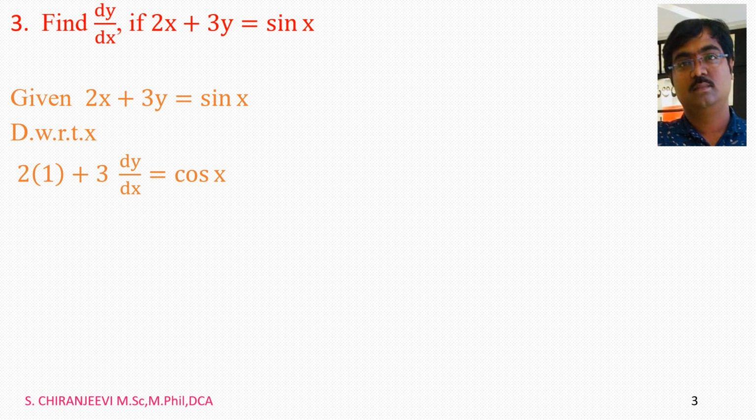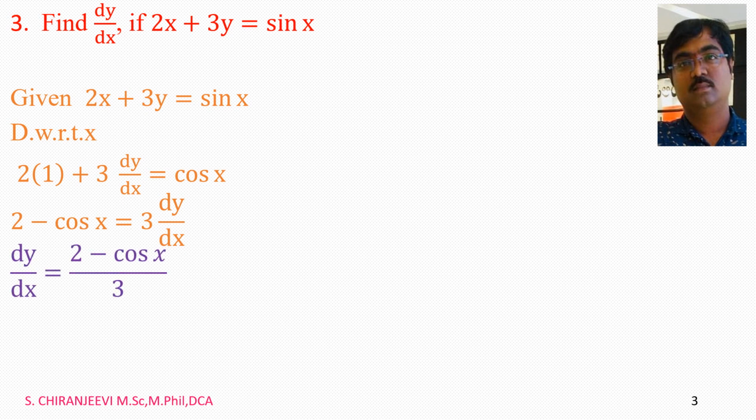Now shifting the 2 to that side, you will get 2 minus cos x equal to 3 dy by dx. Now dividing by 3, you will get the answer dy by dx equal to 2 minus cos x, whole divided by 3.